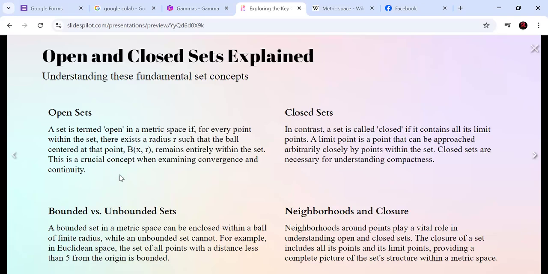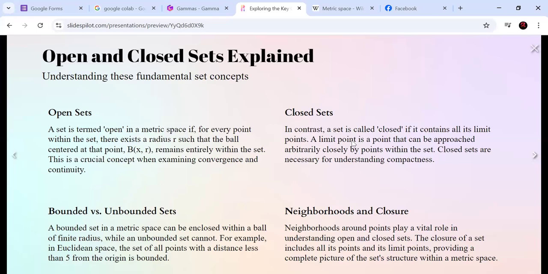Let's suppose उस बाल के अंदर जो भी पॉइंट होगा, उस बाल के अंदर तमाम के तमाम एलिमेंट्स कन्वर्जेंस एंड कंटिन्यूटी होंगे. The closed set, in contrast: a set is called closed if it contains all its limit points. इसके boundary points भी include हों, that is called a closed set.